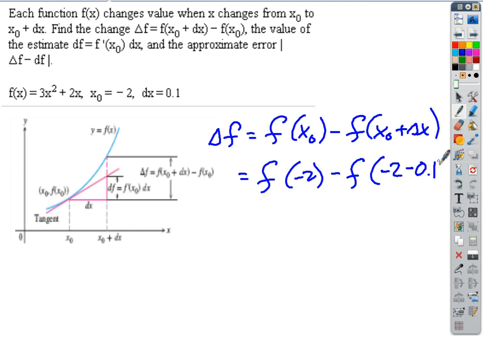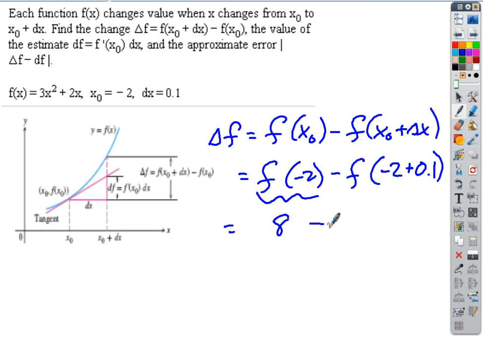So what do we get if we plug in -2? I get 12 minus 4, so 8, right? What is this function evaluated at -1.9? I can't do that in my head, but somebody put that in your calculator.